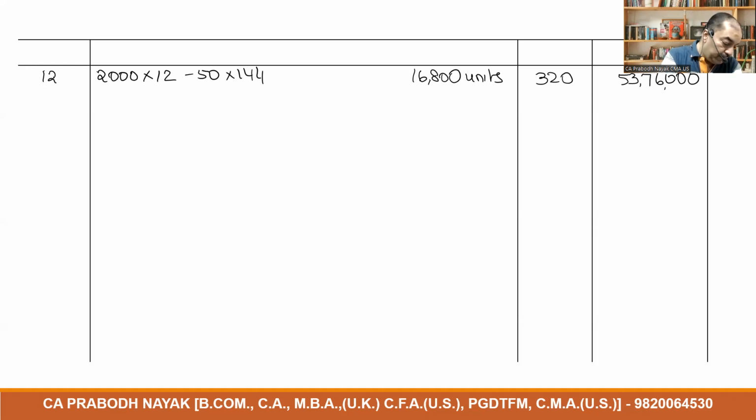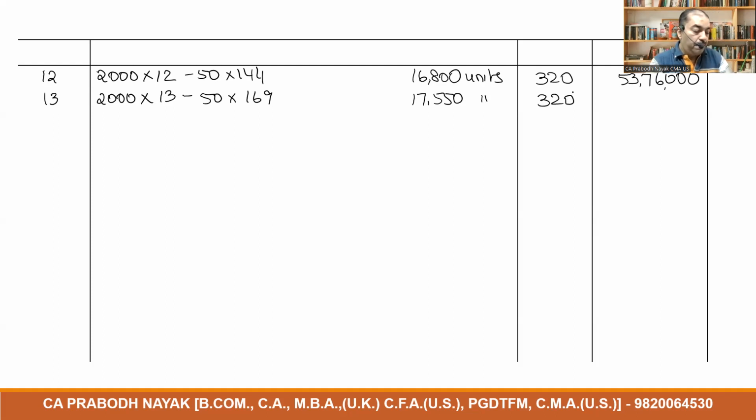Month number 13. 2,000 into 13 minus 50 into 169. 17,550 into 320. 56 lakh 16,000.